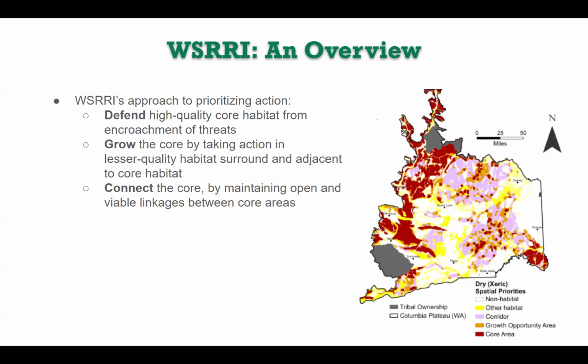We want to grow the core by taking action adjacent to cores so that we can create more high quality habitat. And what we did with WSRRI that the range-wide product does not do is address connectivity. So our approach includes connecting the core.